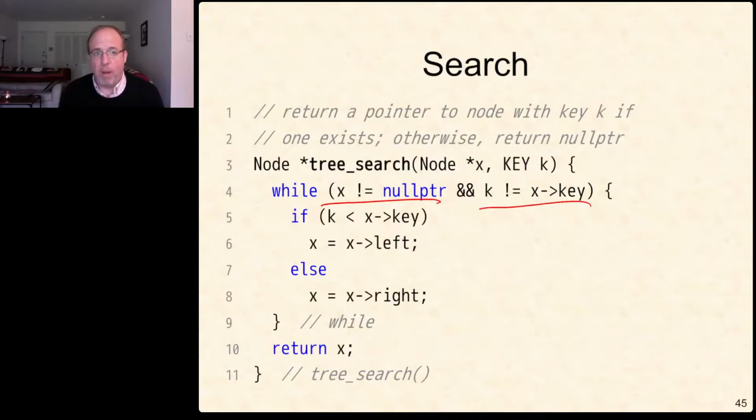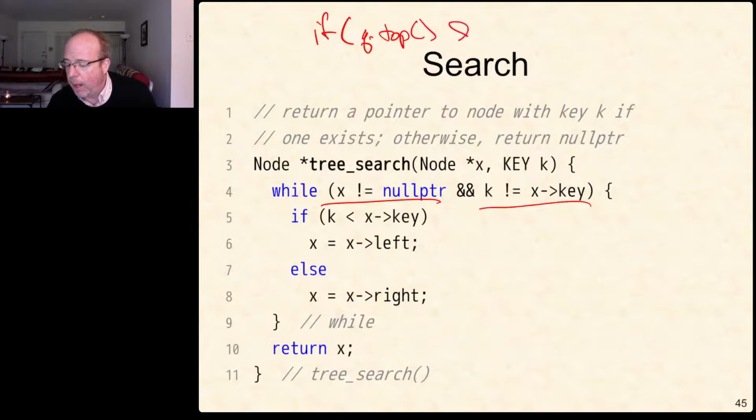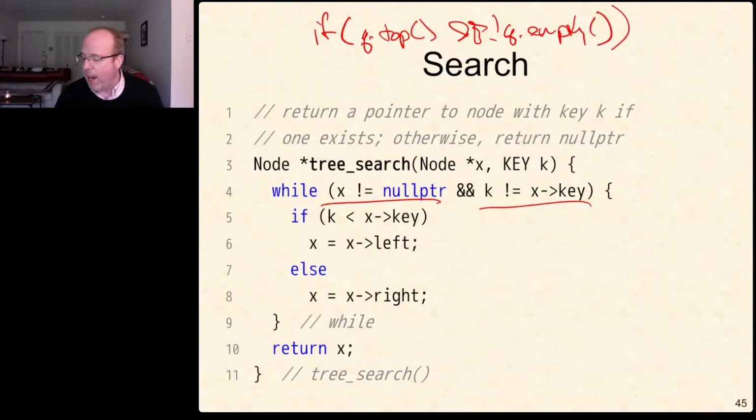And I want to make an aside on this. In the exam, in question 26, I graded a number of question 26s, and many people used the following structure. They would say if something like Q top and not Q empty. And that turns out to be unsafe, because when we have a logical AND, we evaluate it from left to right, short circuiting.